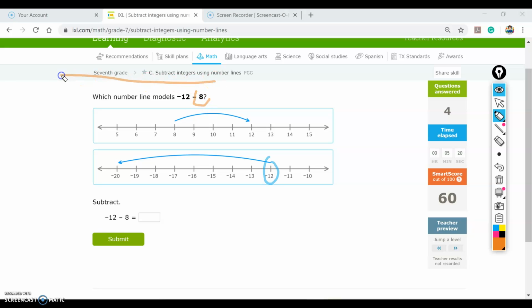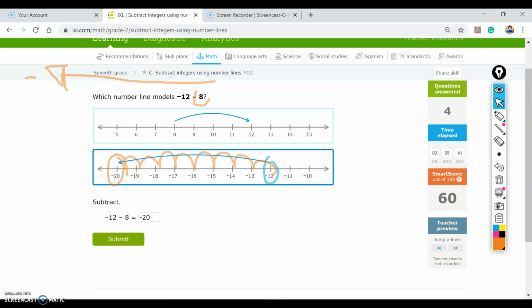It's a negative number, so you would go to the left. I count 8 units: 1, 2, 3, 4, 5, 6, 7, 8. I'm counting by ones because the number line goes by ones. And it landed on negative 20, which is the correct answer when you do negative 12 and negative 8. The correct number line is the second one.